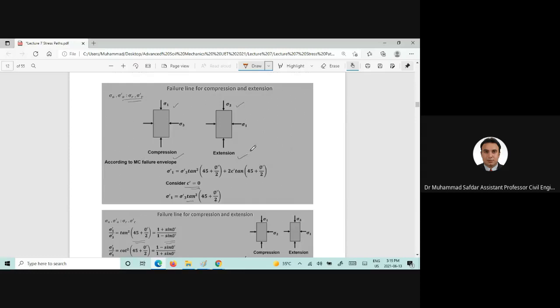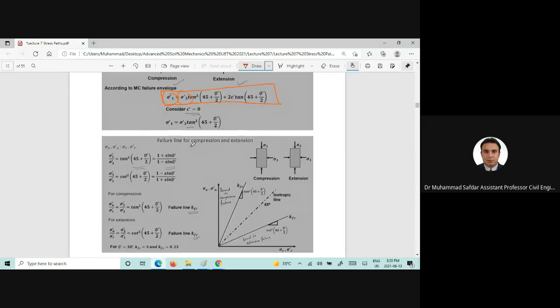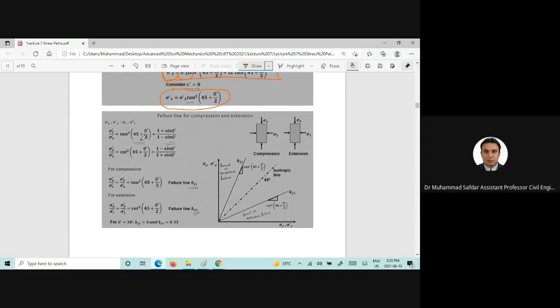Now, if we remember from the Mohr-Coulomb failure criteria, sigma 1 prime and sigma 3 prime are related using this equation, and if we assume that C prime is equal to 0, then you can write this simplified equation. If you want to compare the stress ratios, what is Kf or K?